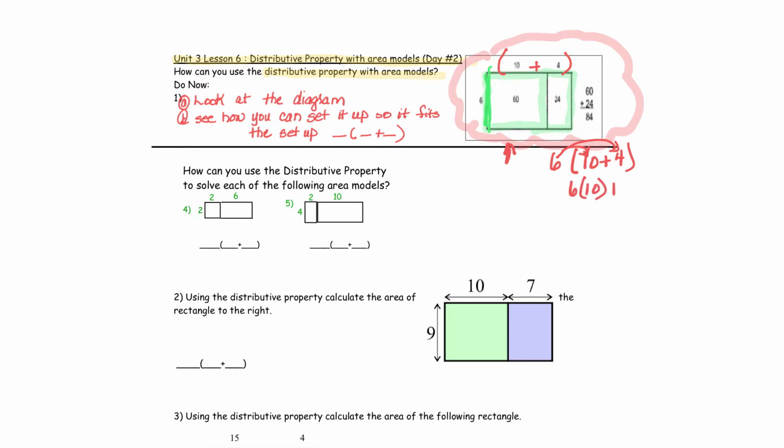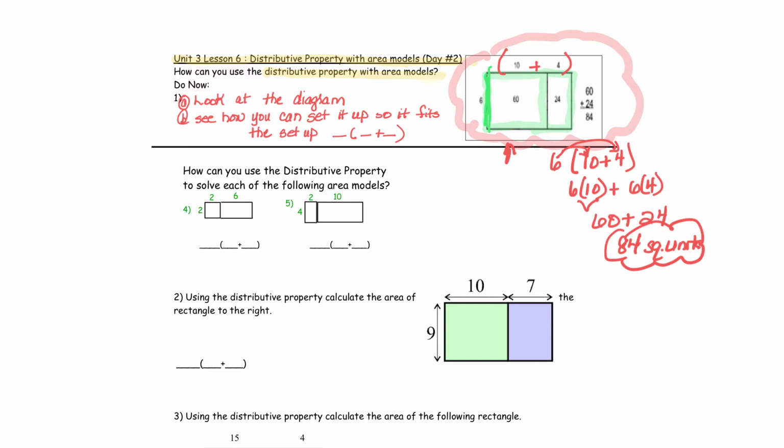You have to pay attention to what the directions say. So in this case, it would be 6 times 10 plus 6 times 4. We have 60 plus 24 for a total of 84. And then it's square units. Very important. 84 square units.